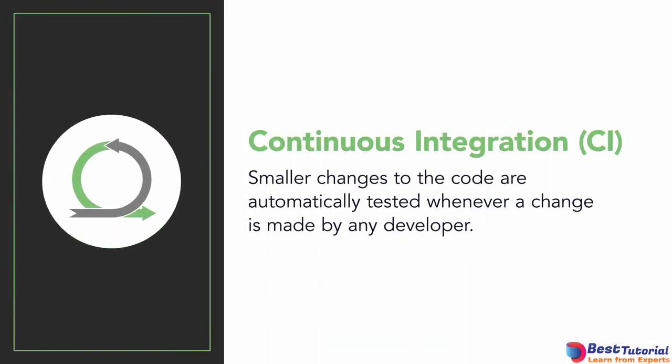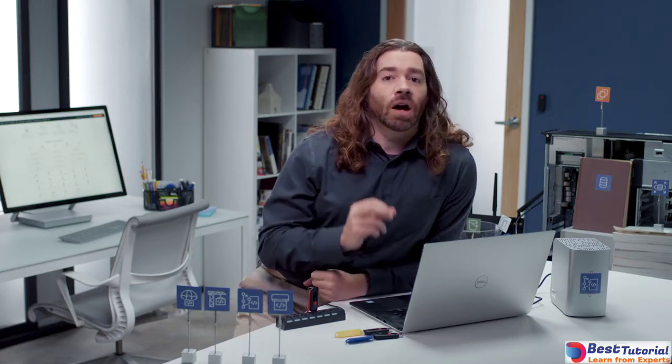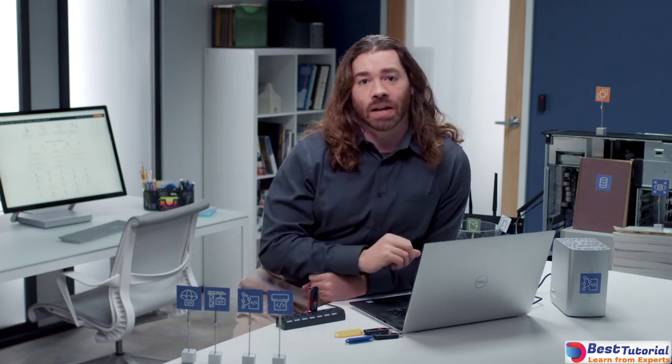To align with this agile principle, a key DevOps practice is the creation of a system that allows for continuous integration, or CI, which allows the code changes from multiple developers to play together regularly to work out any conflicts when two developers are both working on the same file. It can also run an automated test suite against the code to make sure that the new changes haven't broken anything.